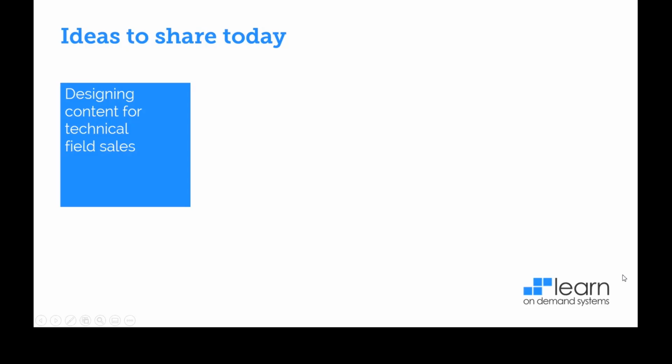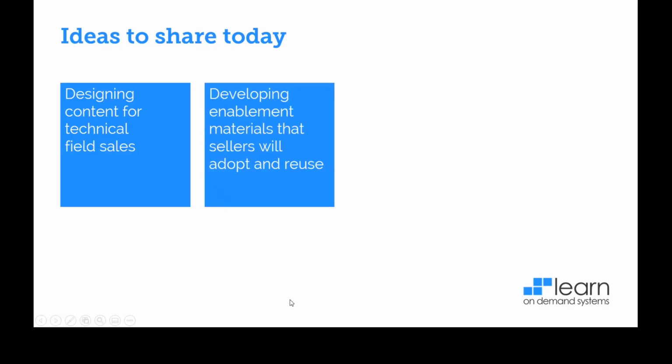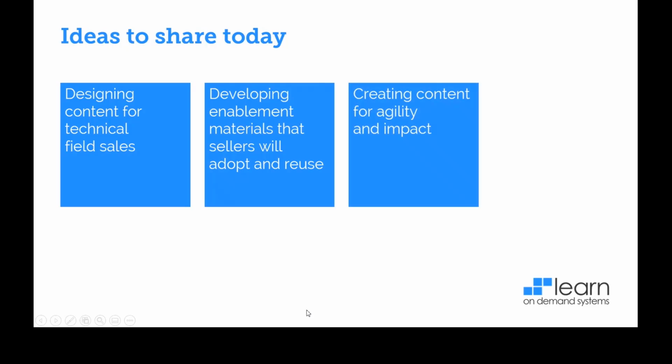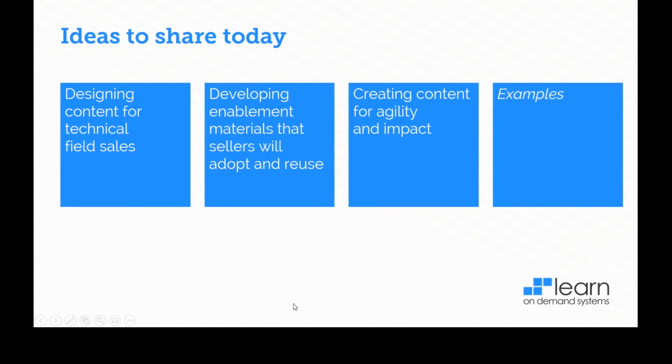And then I'm going to talk about some of the ways we develop the material so that it's flexible, so that it involves SMEs and stakeholders, because that will encourage adoption of the material. And I'd also like to talk about some ideas for how the content can be refactored and rebranded or pivoted so that it can be customized and used and reused. And I'll show you some examples as I mentioned.